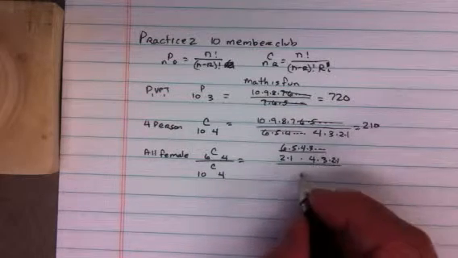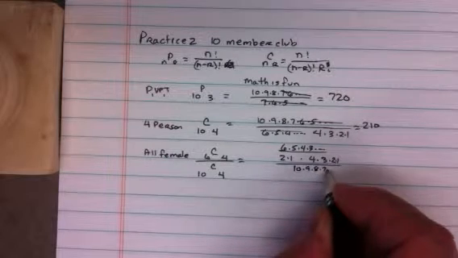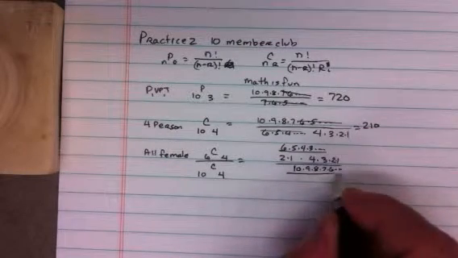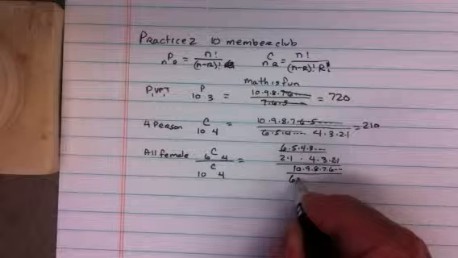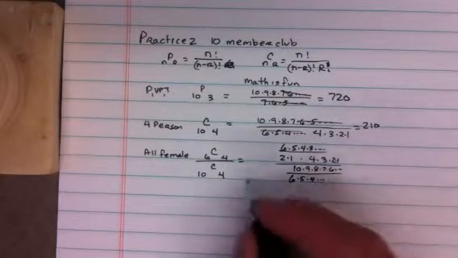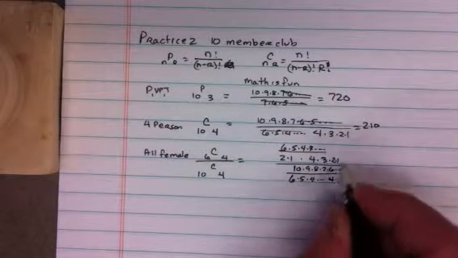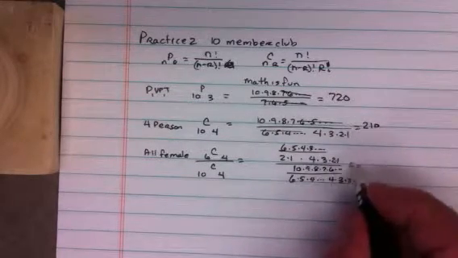over what we just did, which is 10 times 9 times 8 times 7 times 6 and so on, over 6 factorial, that's 10 minus 4, times 4 factorial. We can see that the 4 factorials cancel out, a lot of things cancel out.